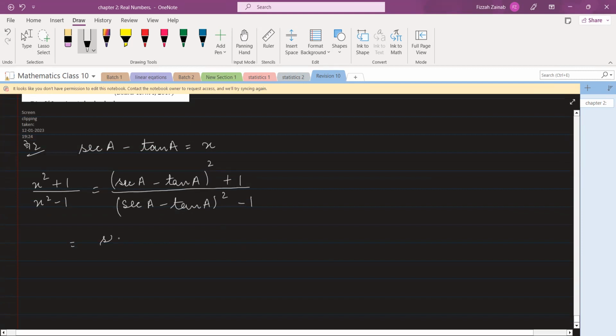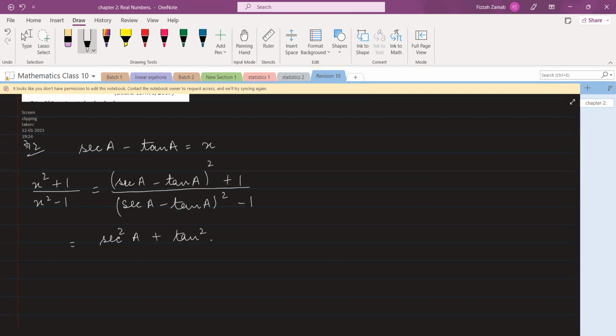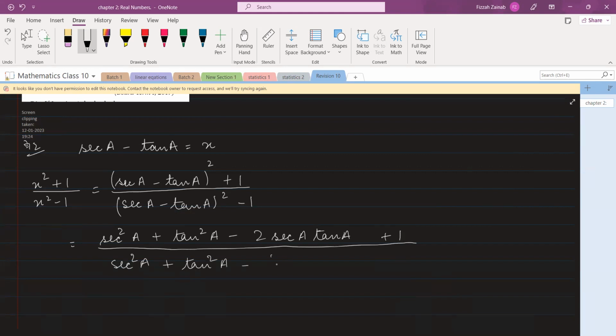So it will be sec square A plus tan square A minus 2 sec A tan A plus 1. Now divided by again sec square A plus tan square A minus 2 sec A tan A minus 1.